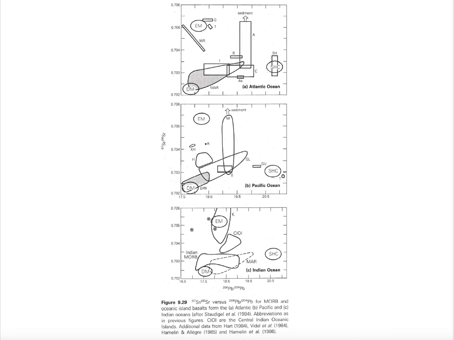So here we have again a comparison between rocks from the Atlantic Ocean, the Pacific Ocean, and the Indian Ocean. And the author is using here the 206 lead to 204 lead isotopes, plotting against the 87 strontium to 86 strontium.